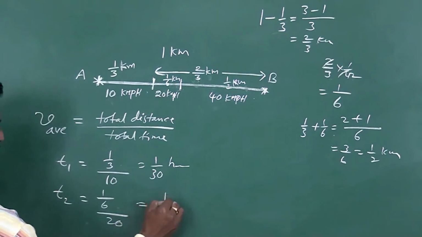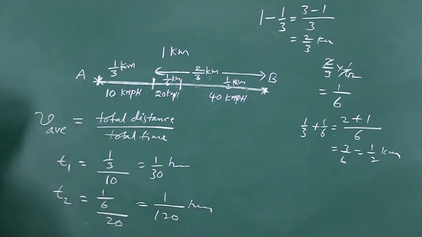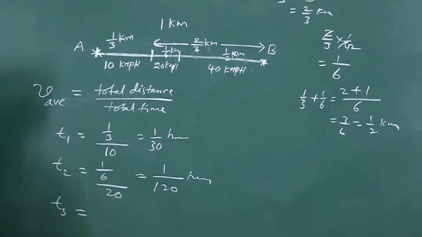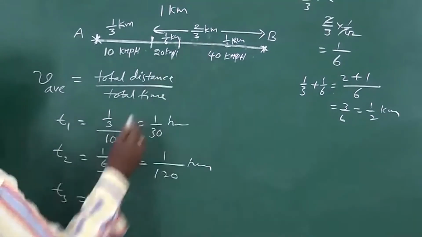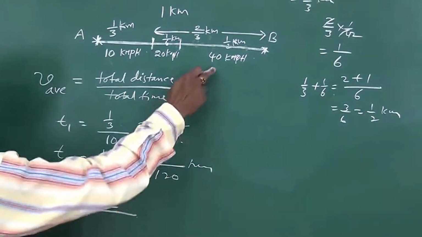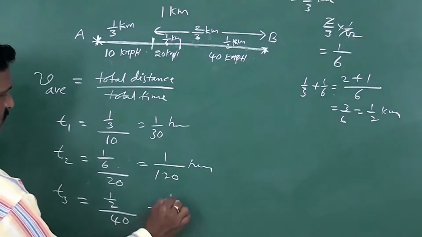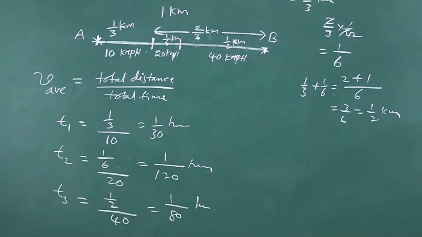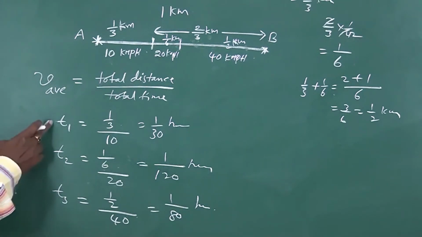So this is 1 by 120 hour. In the third case, t3 is equal to, distance here is 1 by 2, speed is 40. So 1 by 80 hour. So in this way we have calculated the times t1, t2, t3.